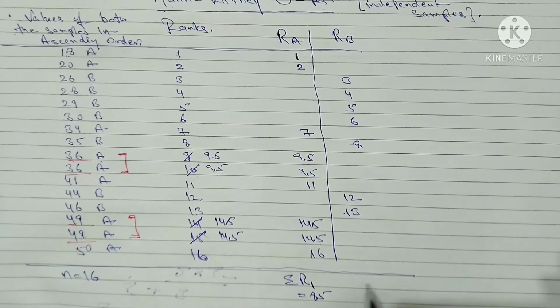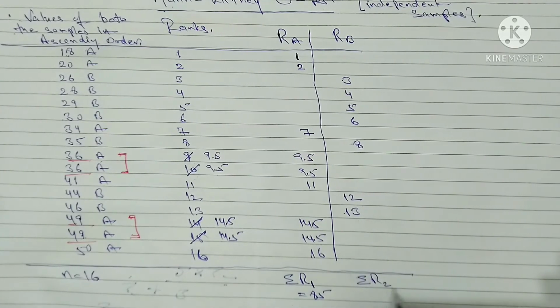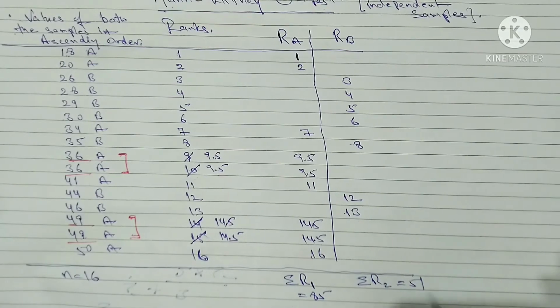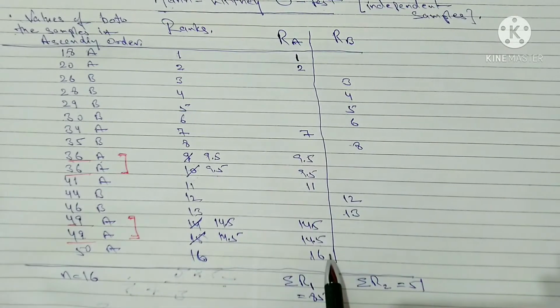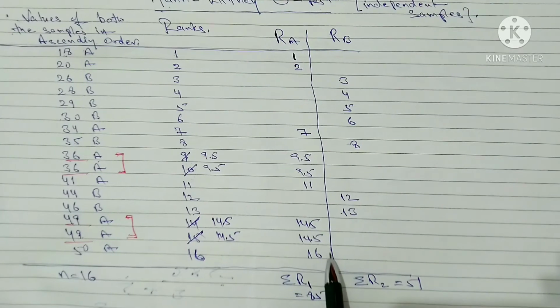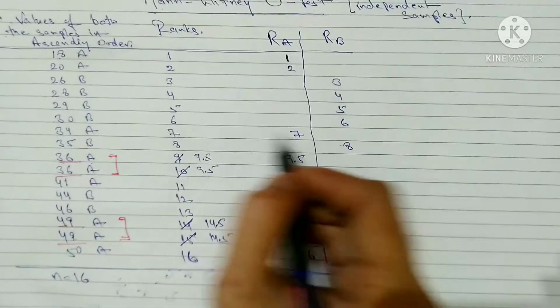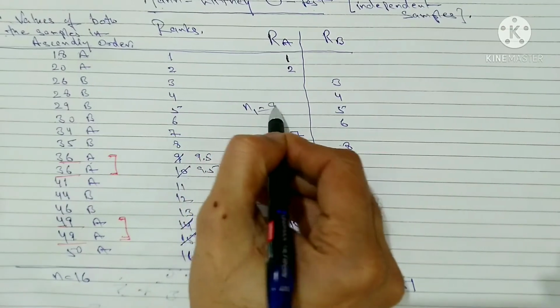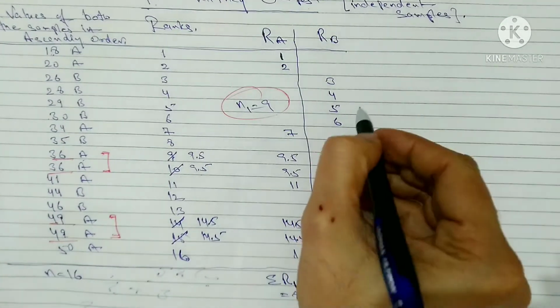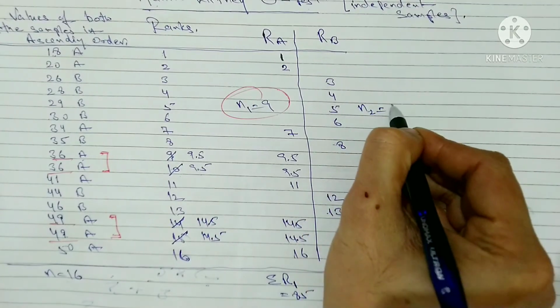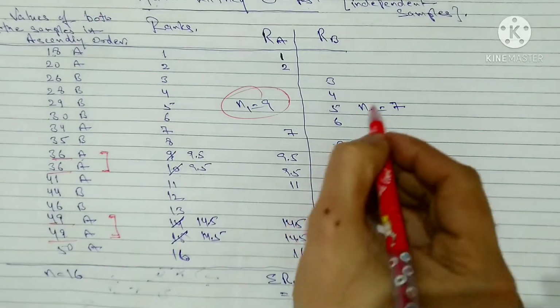And the summation of ranks of group 2 is 51, where n1 is the number of elements of group 1, which is 9, and n2 is the number of elements of group 2, which is 7.